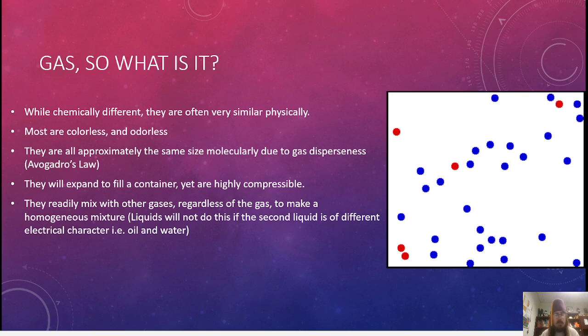They form various different shapes in order to keep regions of different polarity away from each other. But gases will mix perfectly. Doesn't matter what you have. Chlorine gas, water, oil vapor, methane. They're going to mix and bounce off each other just fine. That's the nature of gases.